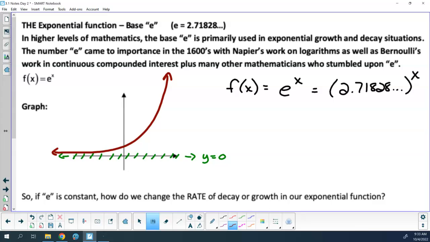Do we know any points that it goes through? 0, 1, because if I plug 0 into that function, anything to the 0 power is 1.